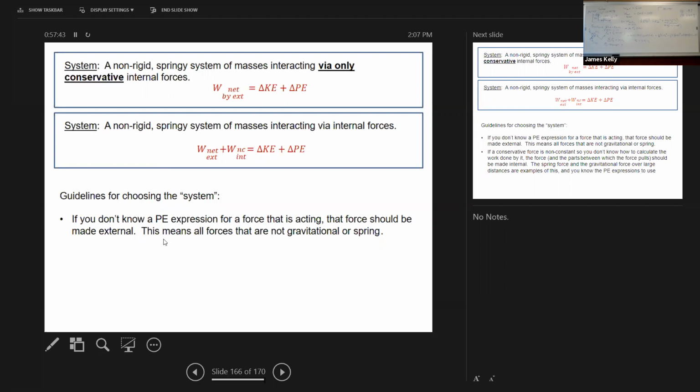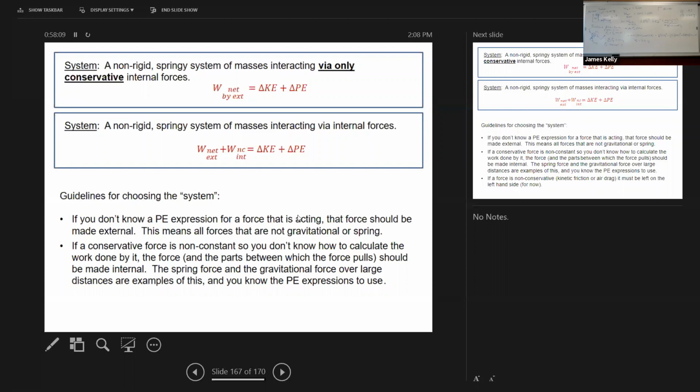Maybe there's a force from a hand, and I have some way to calculate the work that's done by it, but there's no potential energy I know associated with the hand force. So if there's something pushing it with a hand, I'm going to make that force external to my system. I'm only going to want to put in things internal to the system for which I know a potential energy, and that's only gravity and spring forces. So there's not too many choices there. All forces that are not gravitational or spring forces, make them external.